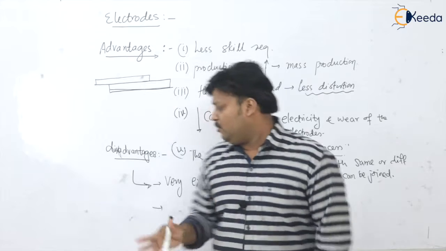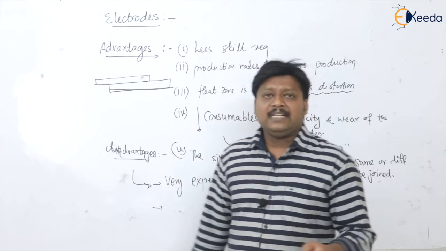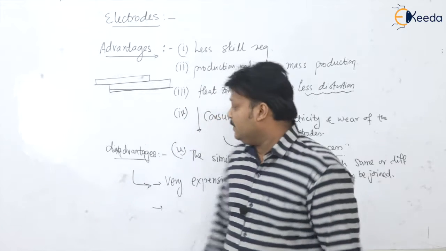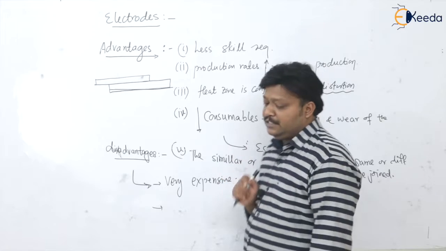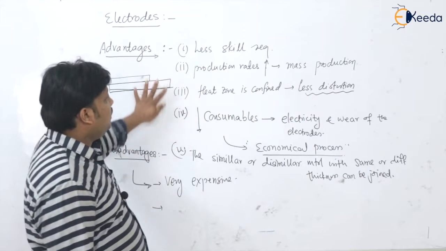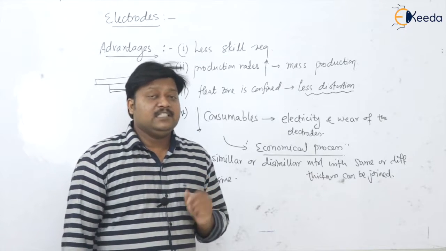So that is another limitation: most of the time we do welding in the lap position. Understood? So these are certain advantages and disadvantages of resistance welding.